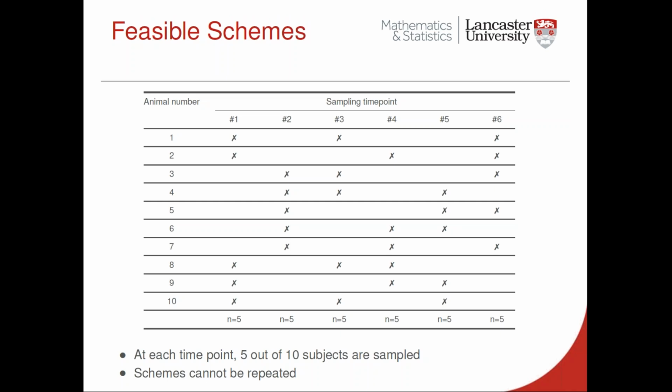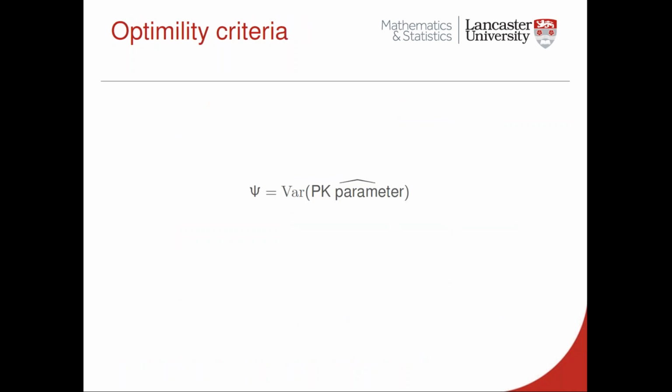If we relax some of the assumptions, for example if we decide schemes could be repeated between animals, the number of feasible schemes is going to increase drastically, and hence the computational burden of the procedure increases rather quickly, as I've alluded to earlier.